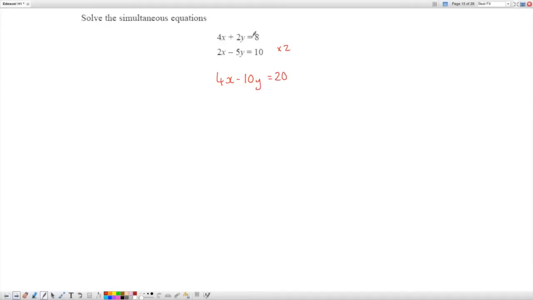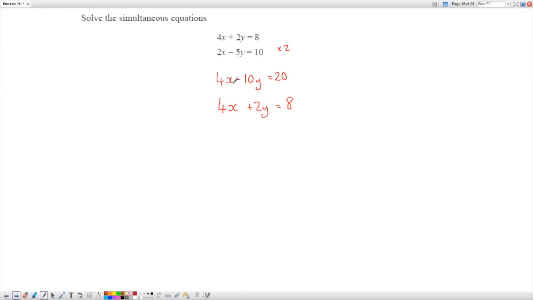The multiplying by 2 applies to all three terms. We now have our 4x here and here. So writing out our first equation, we can put it underneath: 4x plus 2y equals 8.